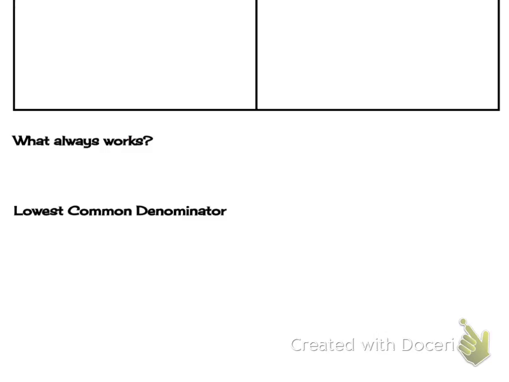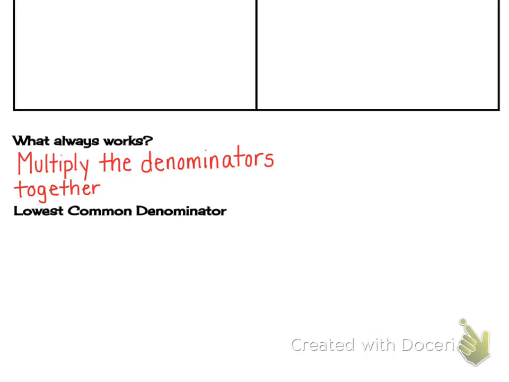The first question asks, what always works? So what can you always do to find a common denominator? The one thing you can always do is multiply the denominators together. So let's say, for example, I'm looking at 2/5 and 4/6.